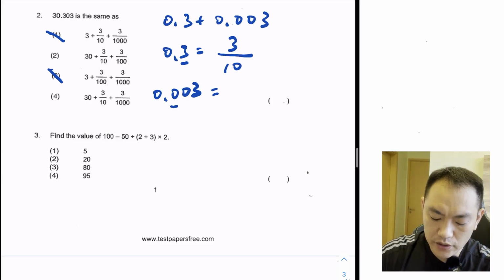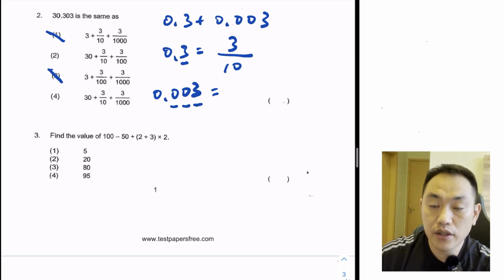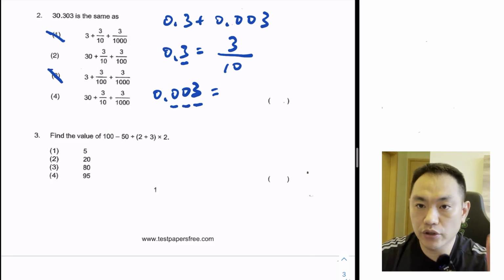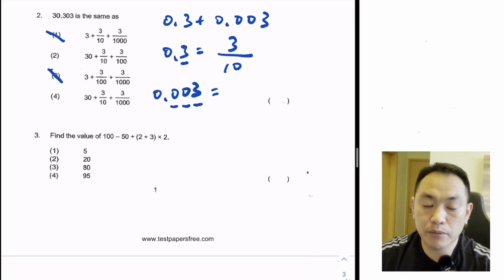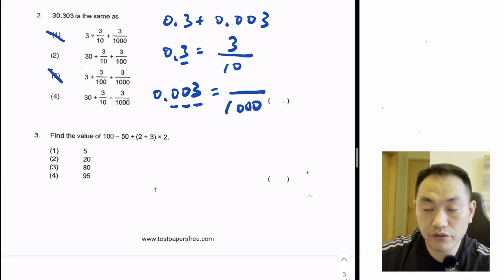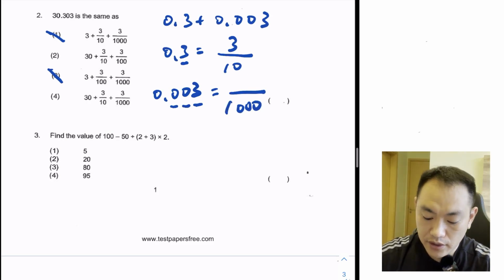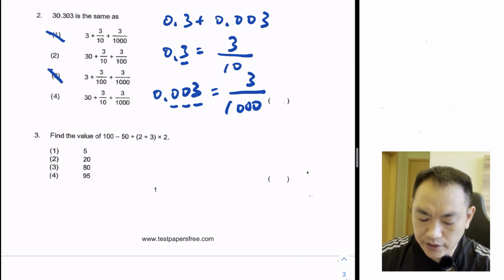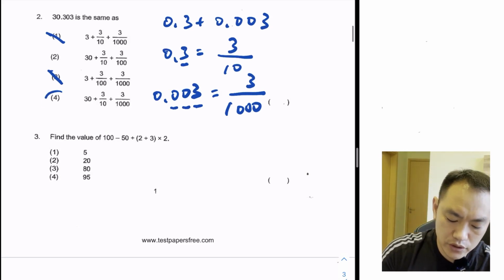There is 1, 2, 3, so totally 3 places after the decimal point. So it will be equivalent to 3 zeros, which is 1000, and then you put the 3 at the top. Basically you just need to put all these numbers together. So the answer will be 30 in the front plus 3/10 plus 3 over 1000. So the option is 4. The answer is 4.